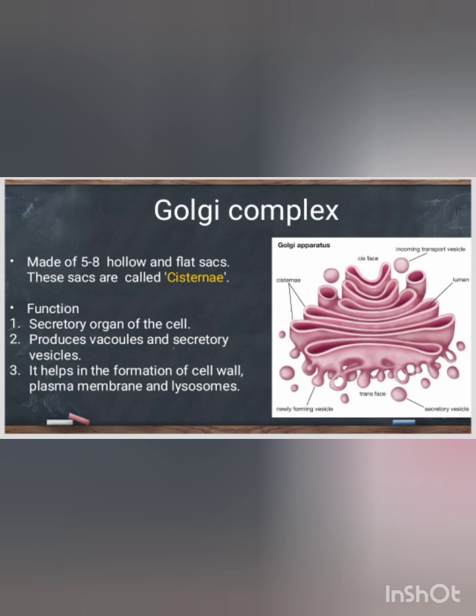These fuse with the formation phase of the Golgi membranes and empty their contents in the cisternae. As they pass through the cisternae, they are chemically modified with the help of enzymes. They are again packed in the vesicles. These vesicles exit from the maturation phase. Thus, cisternae work like a packing department that packs and distributes substances.